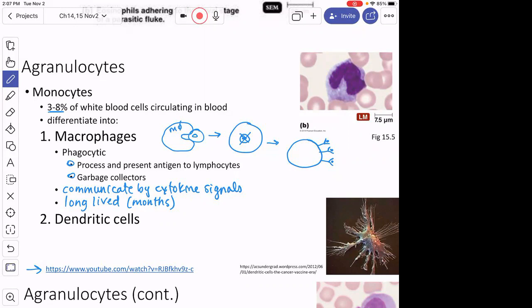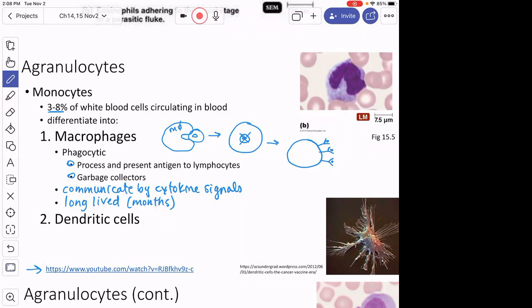But those granules not only act on pathogens, they act to cause damage in our body as well. So we don't want cells to keep degranulating over and over again. So like I said, we just want them to act for a little bit, and then if more of a response is necessary, we make more cells. So macrophages are not degranulating, they're not causing harm typically, so we can let them live for a lot longer.